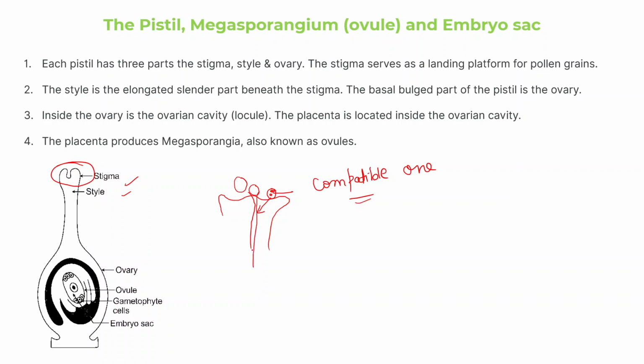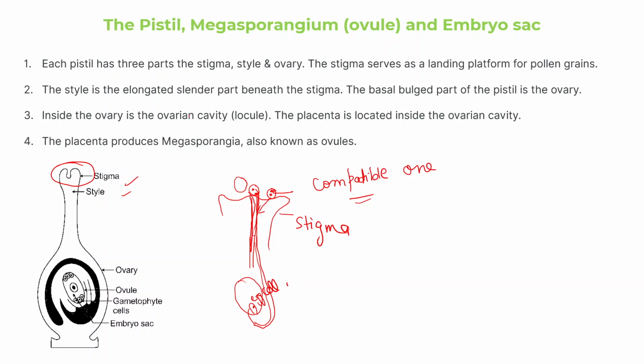This pollen tube formation will only occur when the stigma allows the pollen grain. So the stigma will only allow the compatible pollen to form the pollen tube, and with the help of this pollen tube, these male gametes will enter inside the ovary, and then they will fuse with the egg cell.